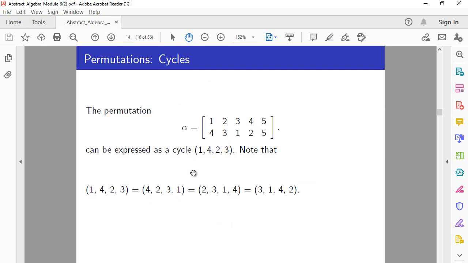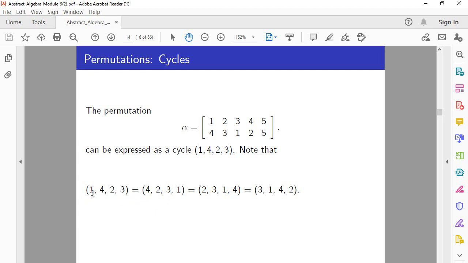This picture here explains why. We basically notice that to go from this cycle to this cycle, I am pushing the elements here to the left with the wraparound at the end.